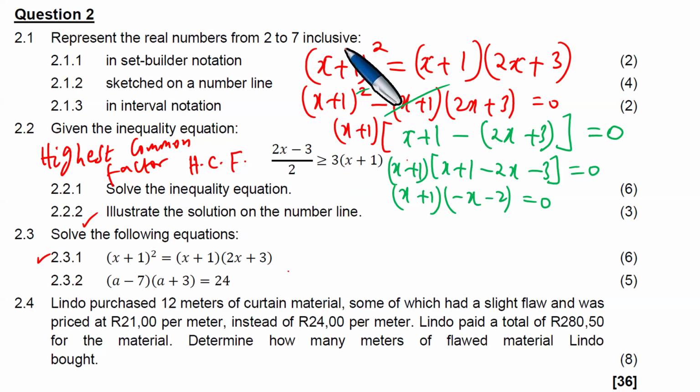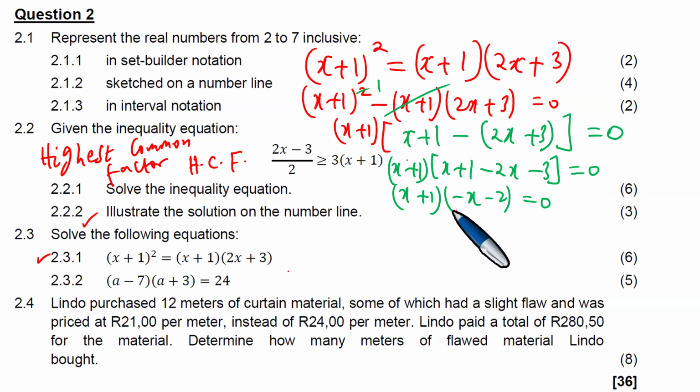So the x plus 1 has been factored out here, and here there was a square. If you remove one of the factors from the square, you're left with power 1. We don't normally write power 1, because it does not change anything. So we have x plus 1 here, x plus 1 here, and minus 2x minus 3.